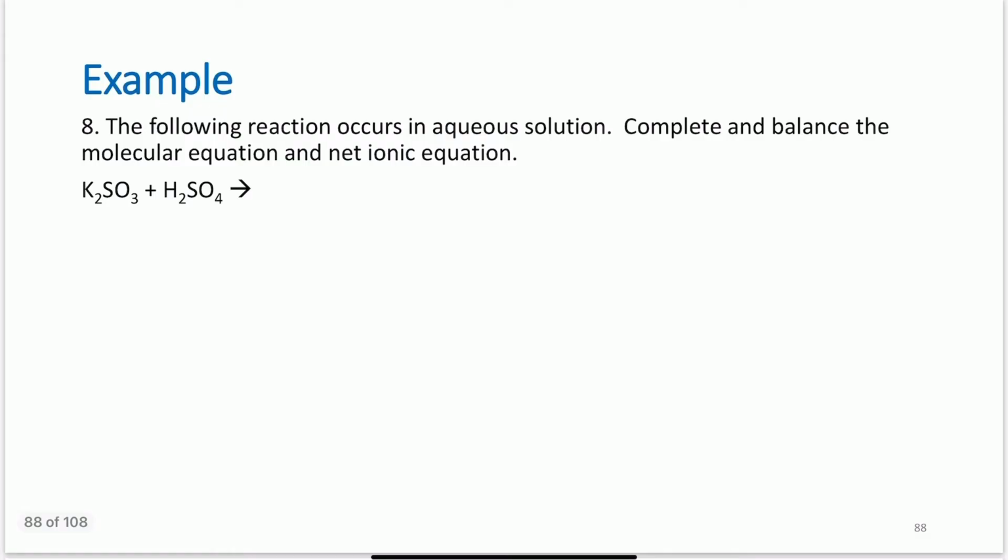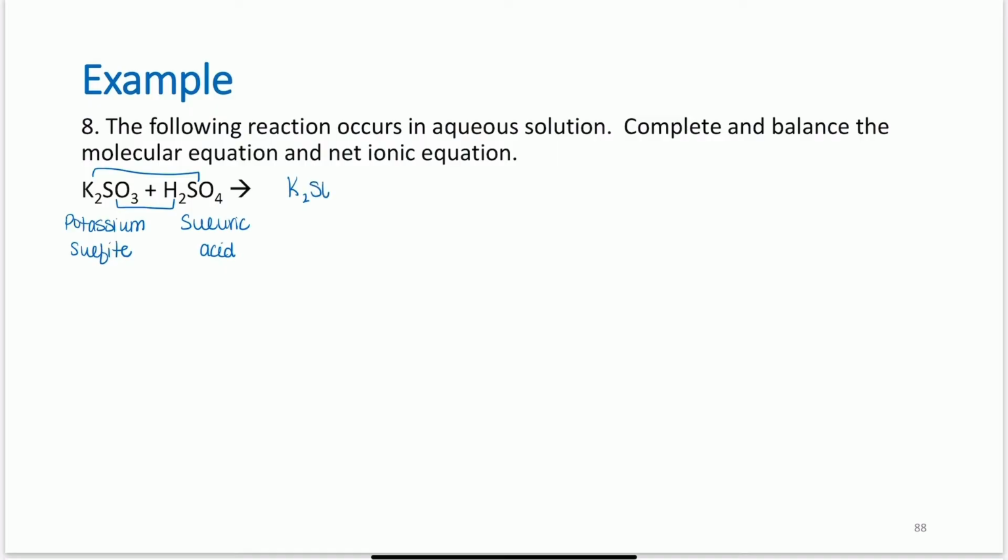The following reaction occurs in aqueous solution. Complete and balance the molecular equation and net ionic equation. So I've got potassium sulfite and sulfuric acid. When this reacts, I'm going to swap ionic partners here.